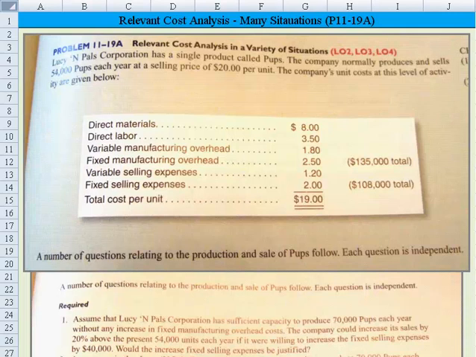The company could increase its sales by 20% above the present 54,000 units each year if it were willing to increase the fixed selling expenses by $40,000. Would that increased fixed selling expense be justified? So let's give that first scenario a try, and we'll work that on another page here.